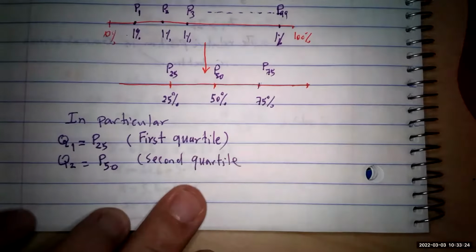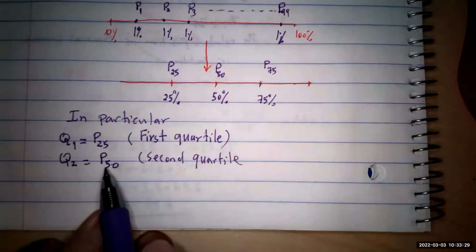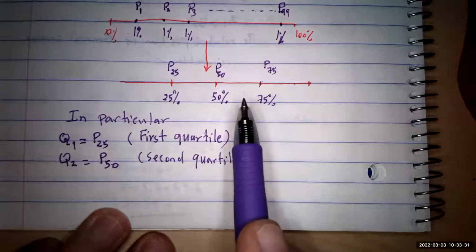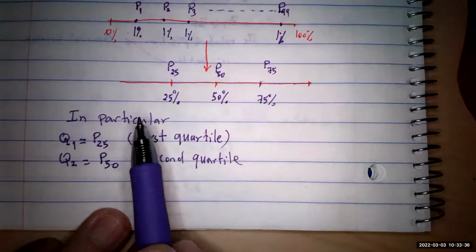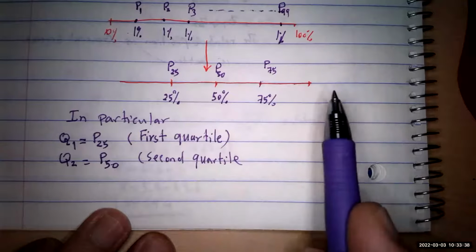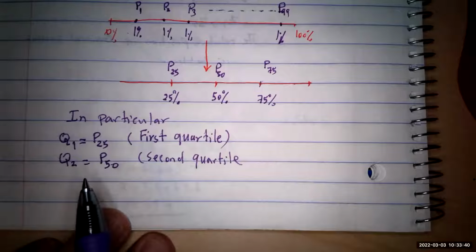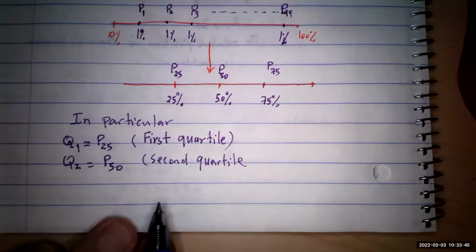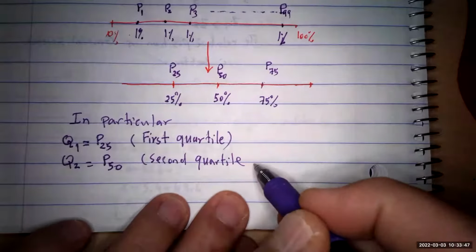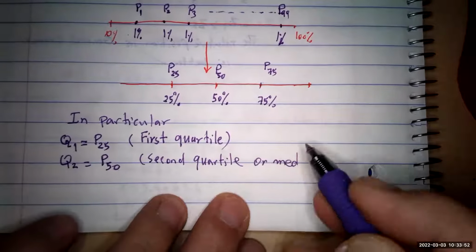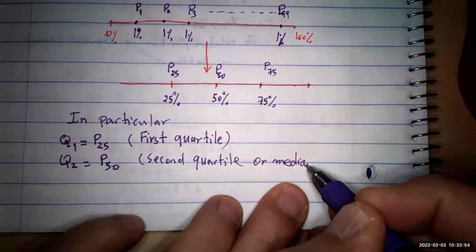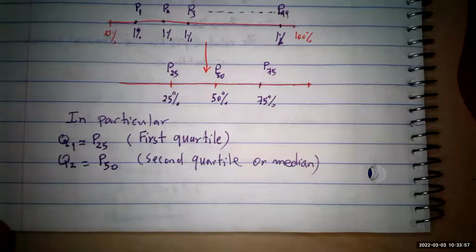There is another name for it. Any suggestion? If your number is on the number line so that there are 50% of the values to your left and 50% to your right, what is your number? Median? Excellent, yes, median. So second quartile or median, because there is 50% to the right and 50% to the left. Okay, any question?